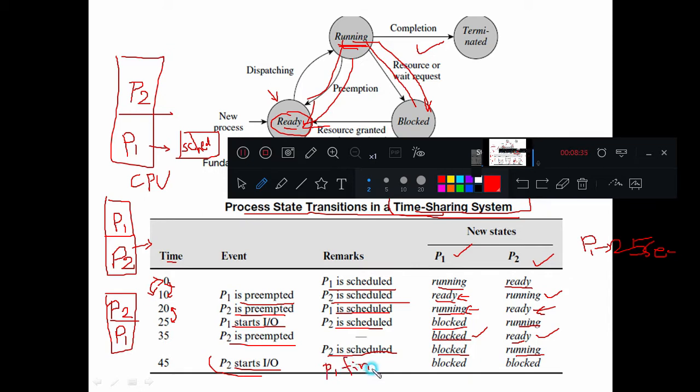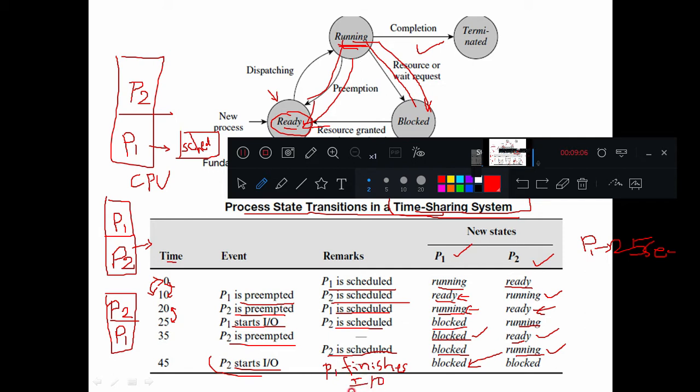So P1 has finished its IO operation and P2 has started IO operation. Then what happens? P2, whose last state was running, will be changed to a block state, because now P2 is requesting IO, and the operating system will grant some resources to P2, right? In such a case, P1 has finished its IO operation.